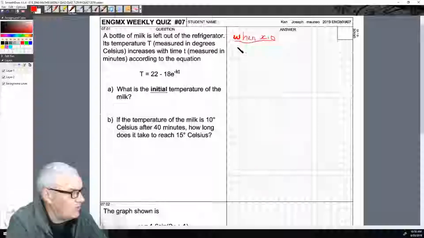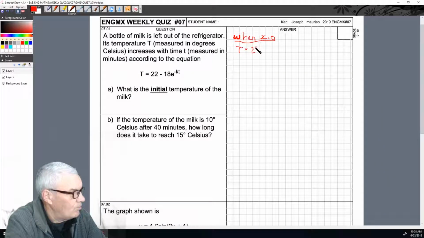So when t equals 0, T equals 22 minus 18e to the negative k, where k is just a constant, and t.